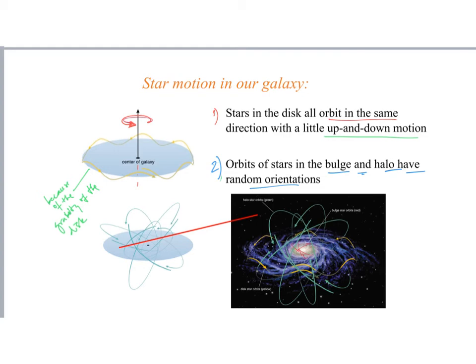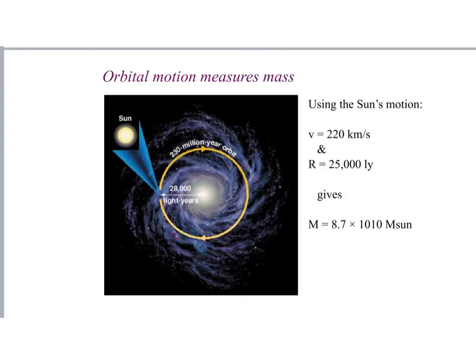These are the halo stars, and the red ones here are the bulge stars. So the bulge is not something solid, it's basically a very dense region of stars with orbits with random orientations.